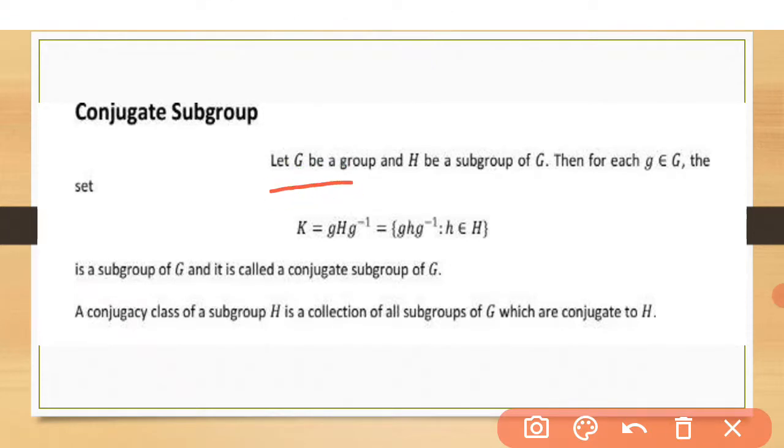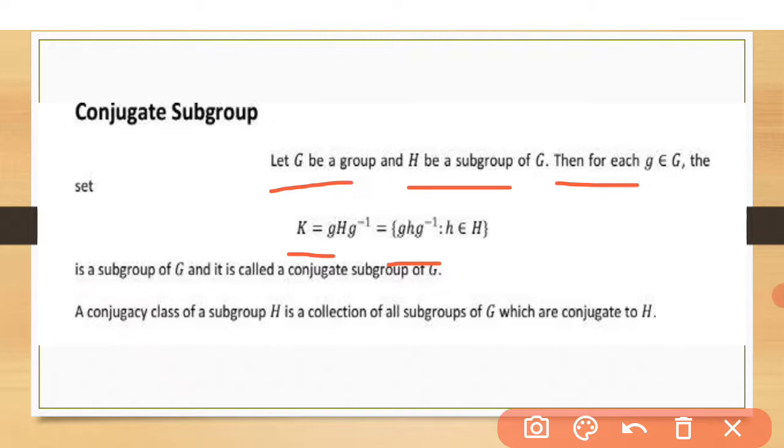Let G be a group and H be a subgroup of G. Then for each g belongs to G, the set K, the conjugate of H, is equal to g h g inverse such that h belongs to H.